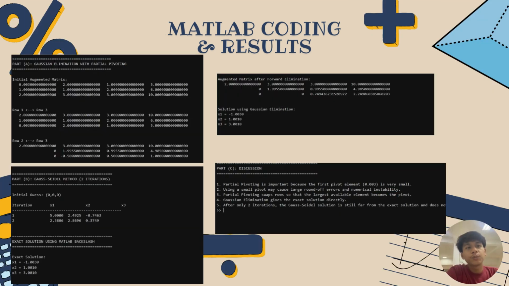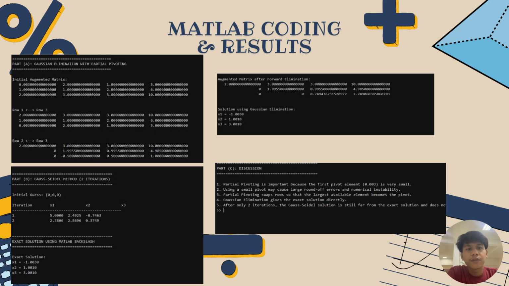This MATLAB output demonstrates the numerical solution to our system of linear equations using two distinct approaches. First, Gaussian elimination with partial pivoting. As seen in our initial matrix, the first pivot element is a tiny 0.003.